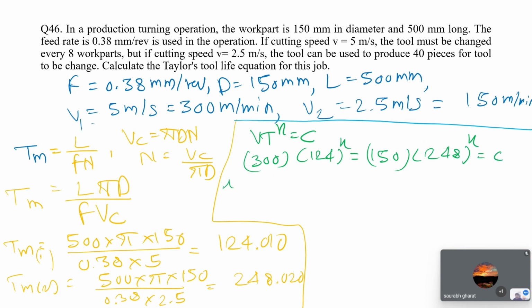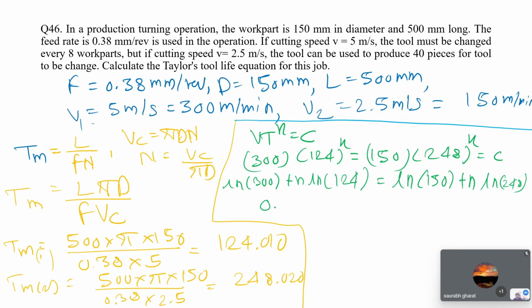So take a log on both sides. ln 300 plus n ln 124 is equal to ln 150 plus n ln 248. Doing everything, it will be 0.69307 equal to n into 0.6932.